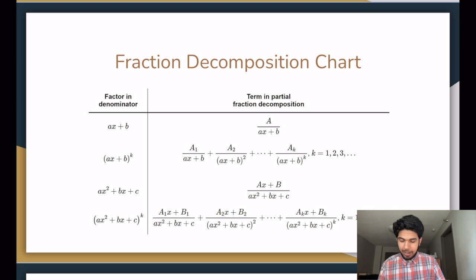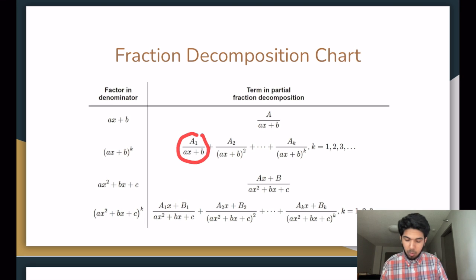If we see a factor in the denominator like ax plus b to the power of k, that's going to produce k fractions that will sum together. The first fraction will be A1 over ax plus b, and then we'll add to that A2 over ax plus b squared, and so on until Ak over ax plus b to the power of k. Technically it's one term in our denominator, but it will produce k terms in our sum.